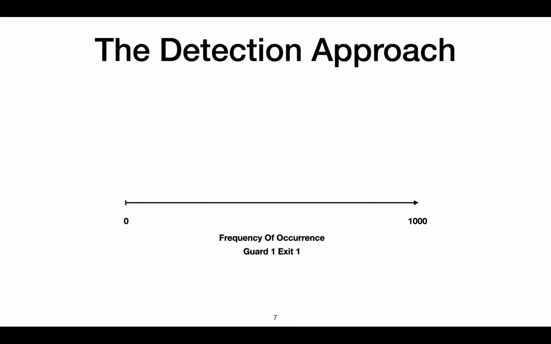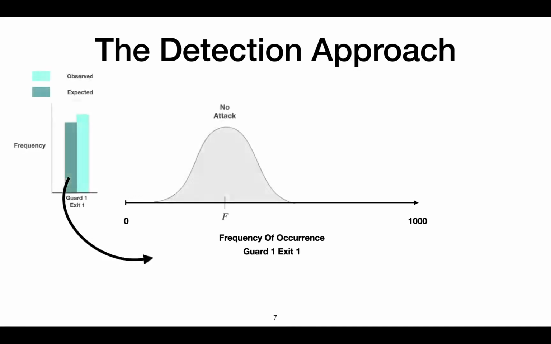In our algorithm, what do we mean by an unexpectedly high observed frequency, and what is our detection criteria for an attack? Here, on the x-axis, we have the frequency of occurrence increasing from left to right. Suppose for a specific guard-exit pair, if there is no attack, the observed frequency will be centered around the expected frequency f, as shown in grey.